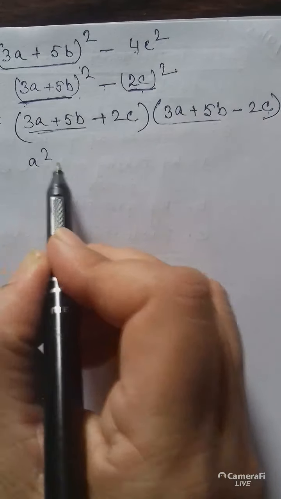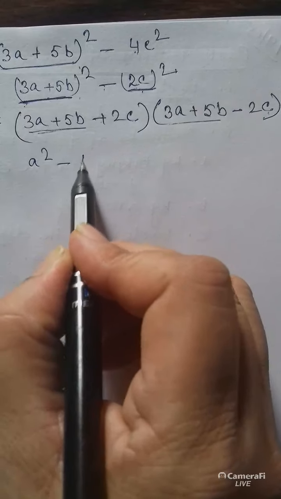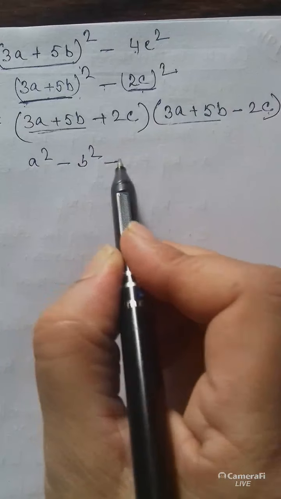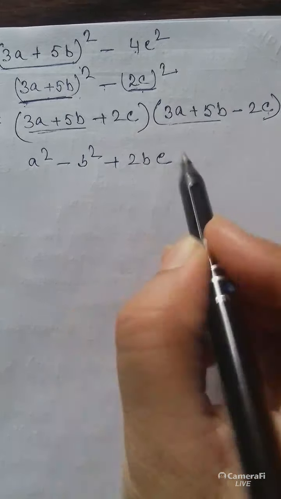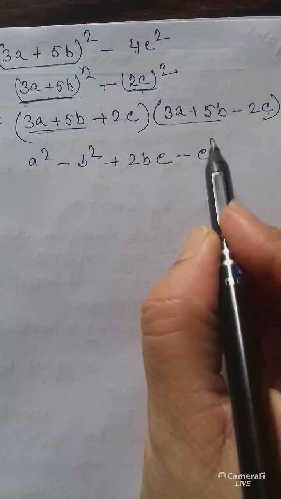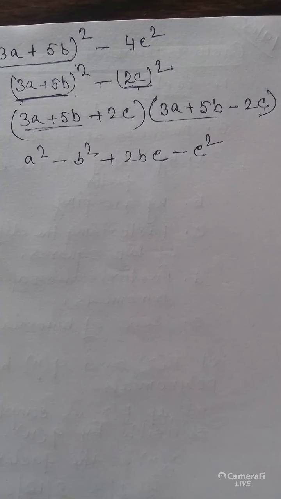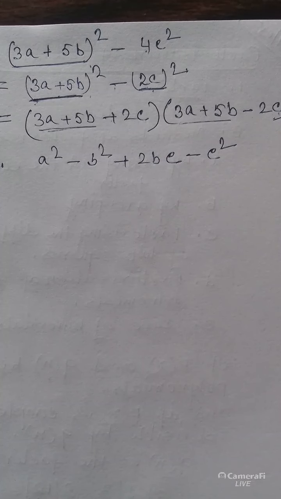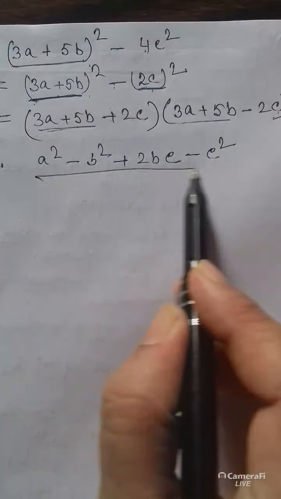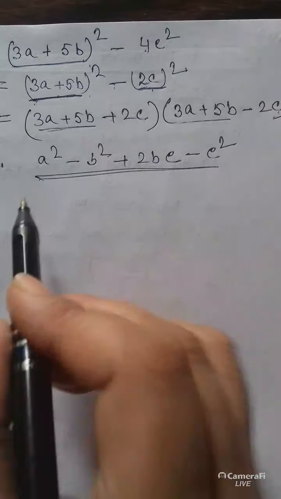a square minus b square plus 2bc minus c square. We have to convert this polynomial into a difference of two squares.